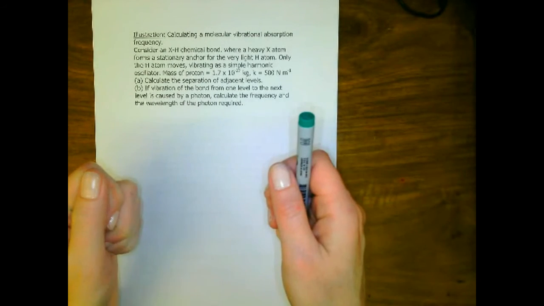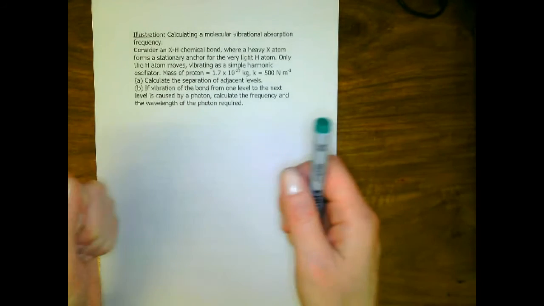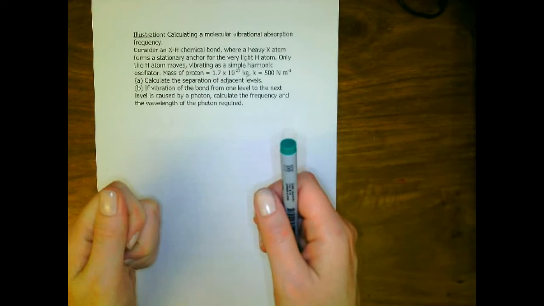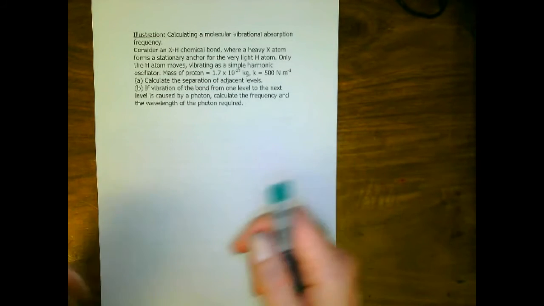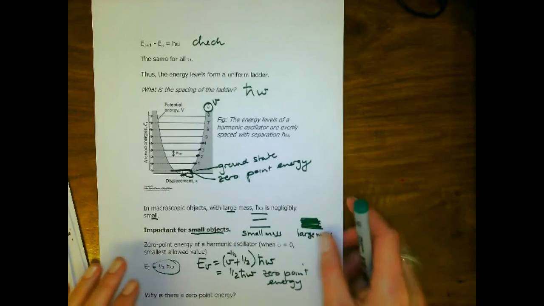So this means you have a molecule that vibrates in a specific way, and then it absorbs a photon and it goes to a higher vibrational energy level and it vibrates faster. And remember, these energy levels that we are talking about is the energy ladder that we defined earlier.